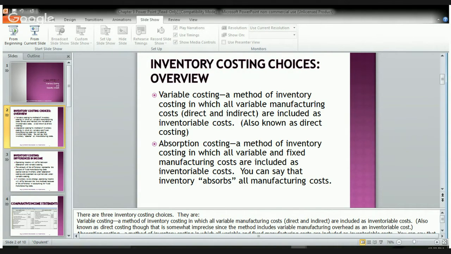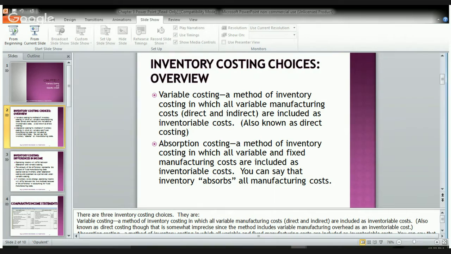So it all focuses on the fixed manufacturing cost. If inventory levels change, operating income will differ between the two methods because of the difference in accounting for fixed manufacturing costs. So just keep in mind the difference really is guided by the fixed manufacturing costs.